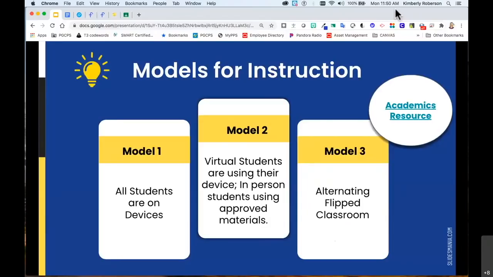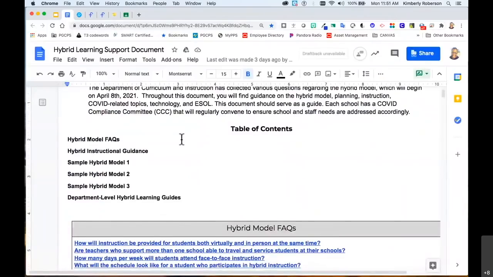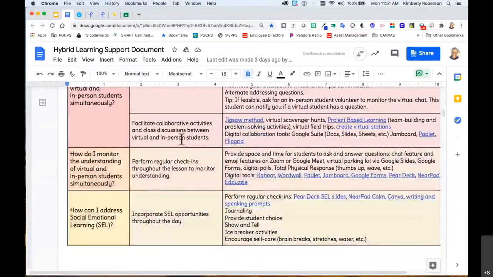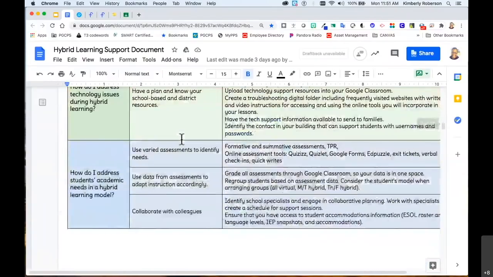During our Preparing Your Classroom for Hybrid Instruction, we learned about 3 models for instruction provided by academics. Let's review those models again. Model 1. In Model 1, all students are joining your lesson via Zoom or Google Meet.